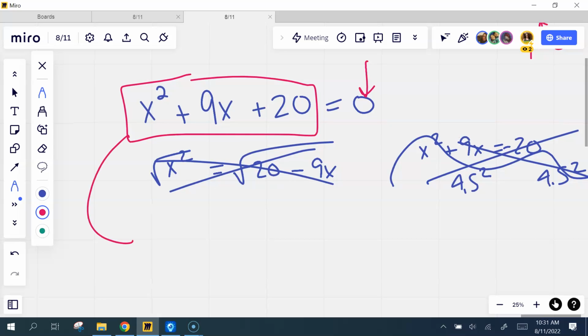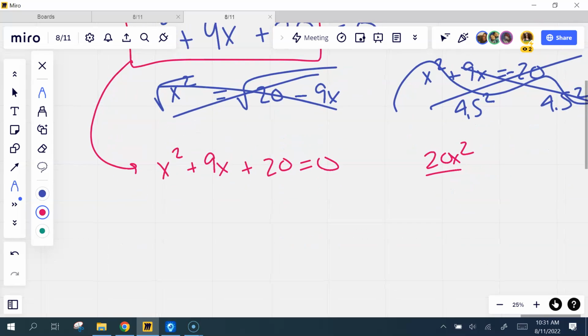If I factor this, what multiplies to 20x squared but adds to 9x? This is an easy factor. 4x and 5x. The order does not matter. So I have x squared plus 4x plus 5x plus 20. If you shortcut this, that is quite all right.